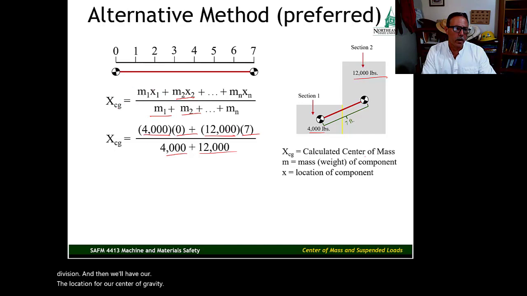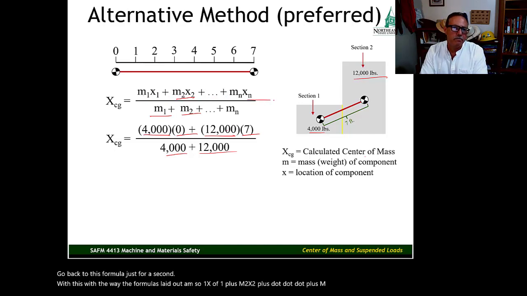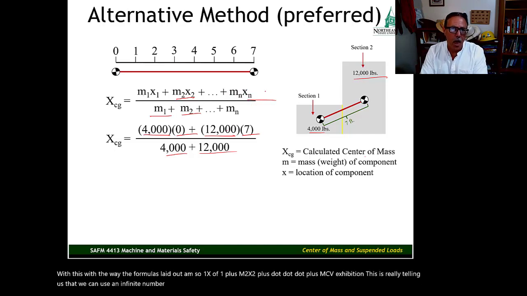Go back to this formula just for a second. With the way the formula is laid out, M sub 1, X sub 1 plus M sub 2, X sub 2 plus ... plus M sub n, X sub n. This is really telling us that we can use an infinite number of points if they are lined up in a straight line. Same thing below.